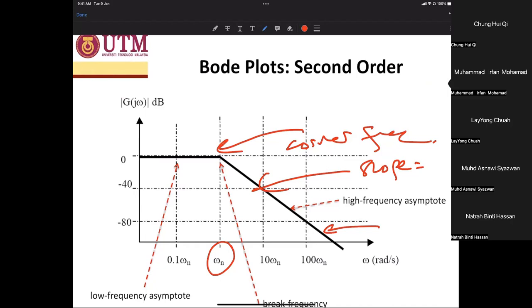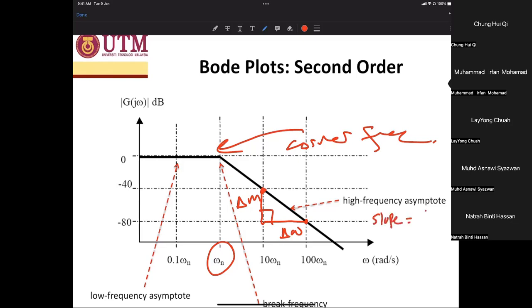Not sure. So we ask Natrah Hassan. What is the slope?